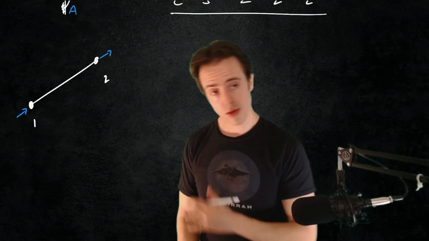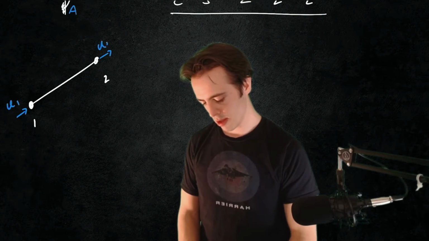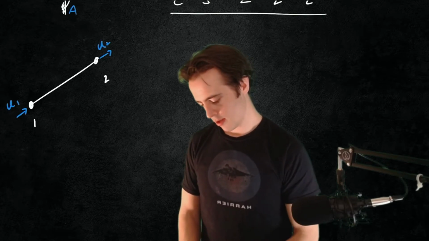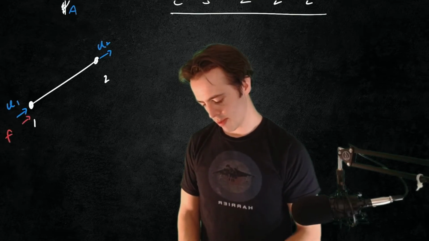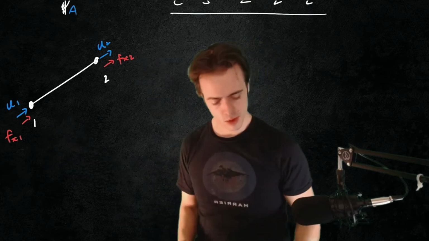So let's just remember what that actually represents. So if this is an isolated element, it has node 1 and node 2, we said that there's 2 displacements. Now these could be lowercase u1 and u2, and 2 forces, which we said would be Fx1 and Fx2. So this is all in local coordinates.